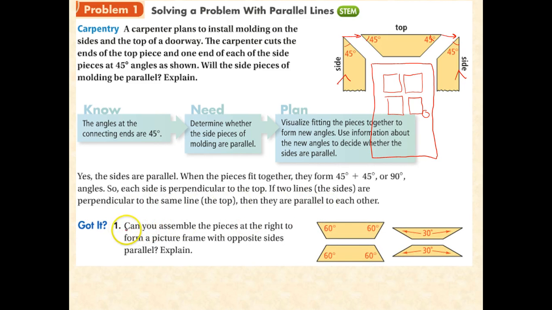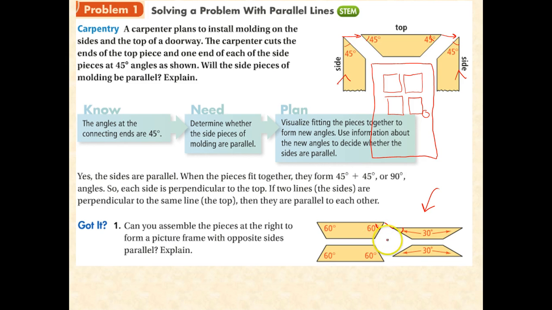Alright, so take a look at this. Can you assemble the pieces here to form a picture frame with opposite sides parallel? So, can we do it? Well, if we were to line up these two corners, we would have a 30-degree angle plus a 60-degree angle.